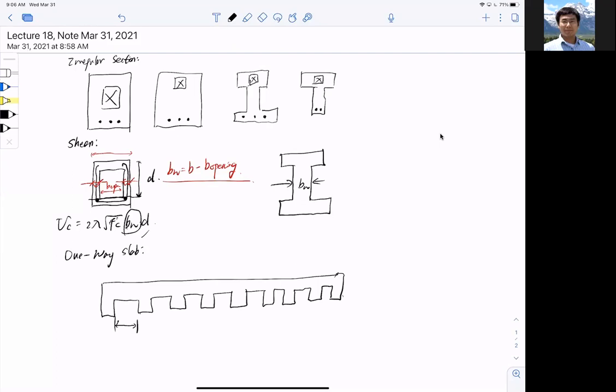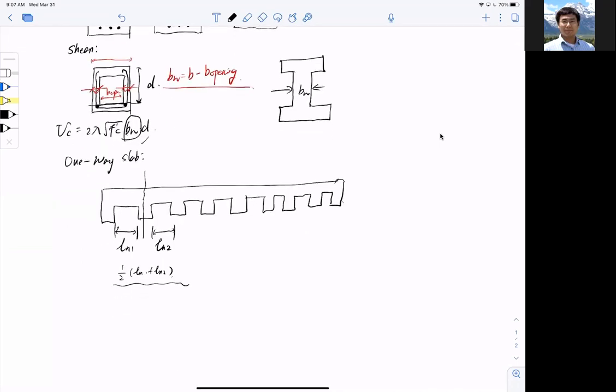This is the clear span, Ln, and these are the adjacent spans Ln1, Ln2. When you're trying to find the moment coefficient for the support, you've got to use the average. That is the most critical thing for one-way slab.